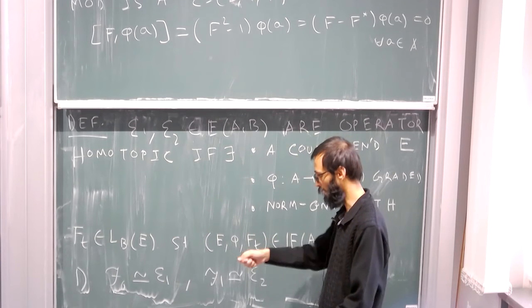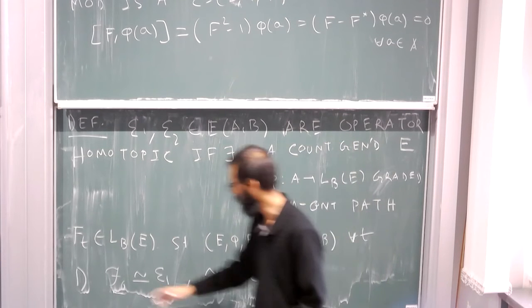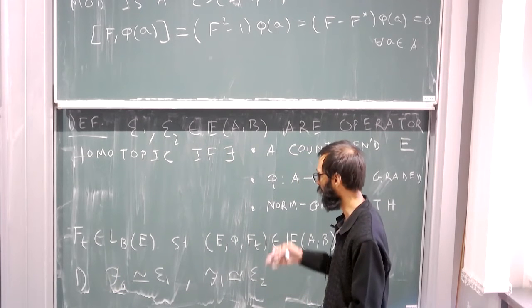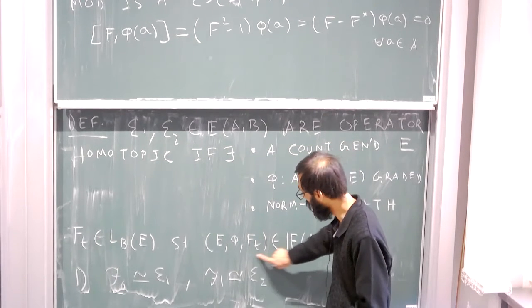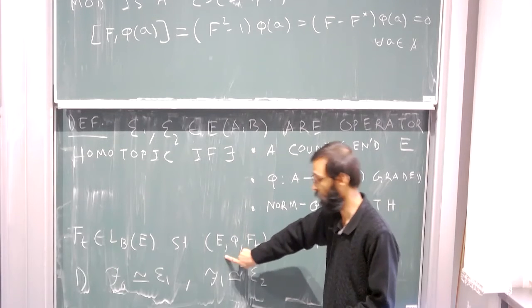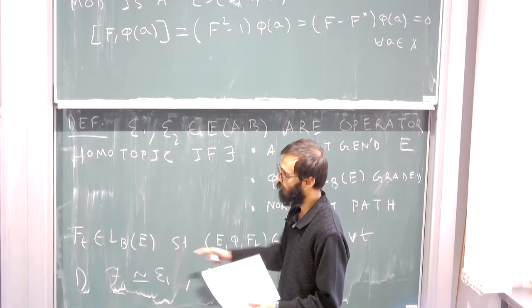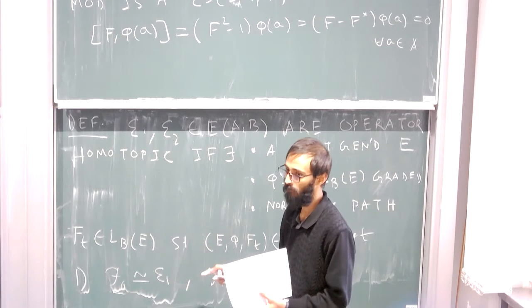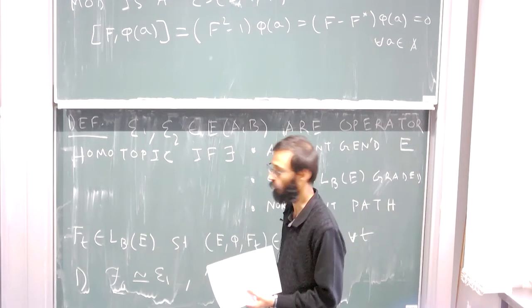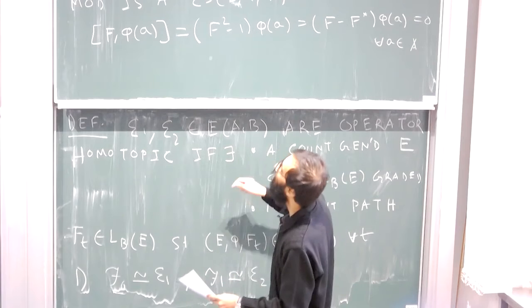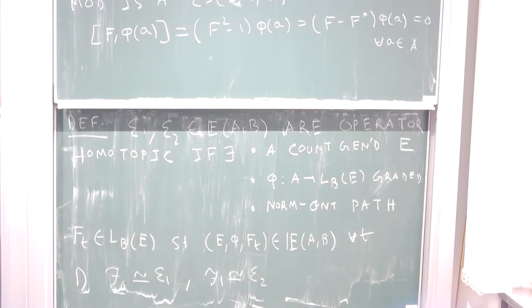You get through E1 to E2 via a path of Fredholm Kasparov AB modules, but where only the Fredholm operator varies, the first two components don't vary at all. It sounds strange. It seems to be a much weaker homotopy relation, but they give the same answer if A is supposed to be separable. And that was one of Kasparov's main results.